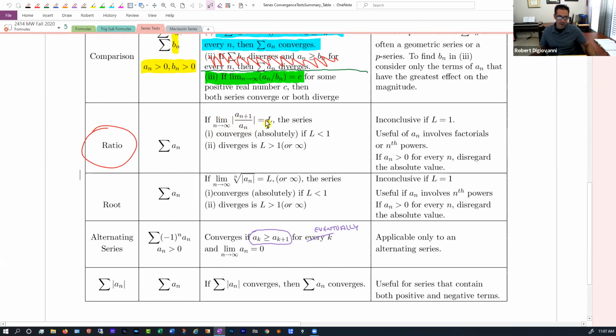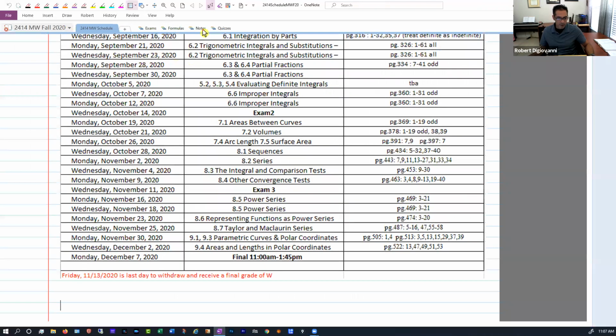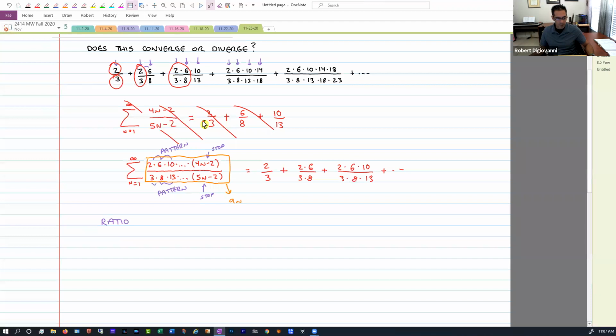We're going to figure out what that answer is. If that answer is less than 1, we've got convergence. If the answer is greater than 1 or infinity, we have divergence. And if the L that we get is 1, then it's an inconclusive test. So remember that. If L is 1, it's inconclusive. That's going to be important later today. Okay, so let's run the ratio test.